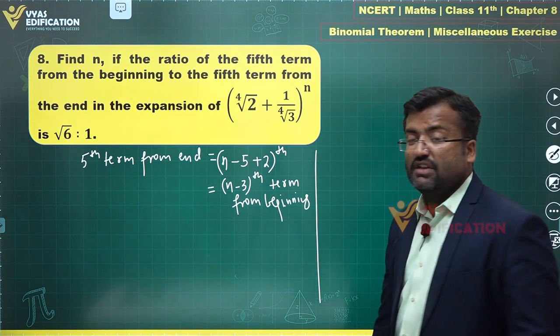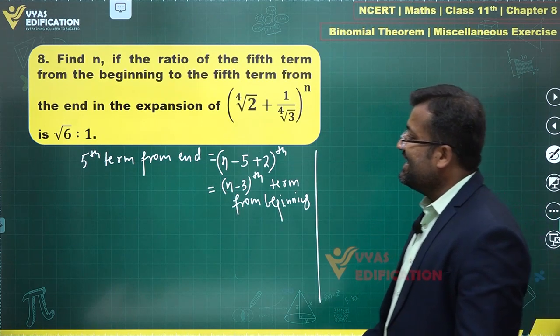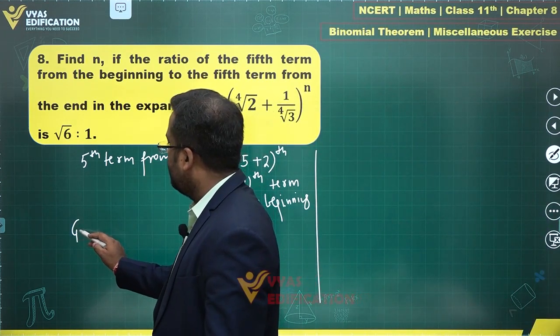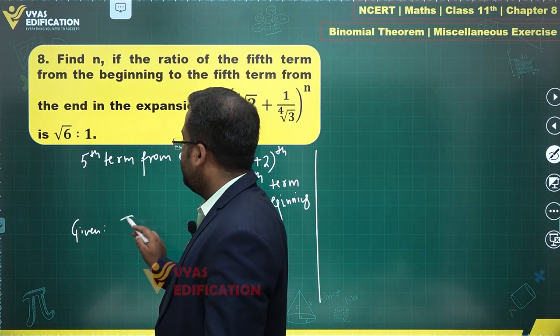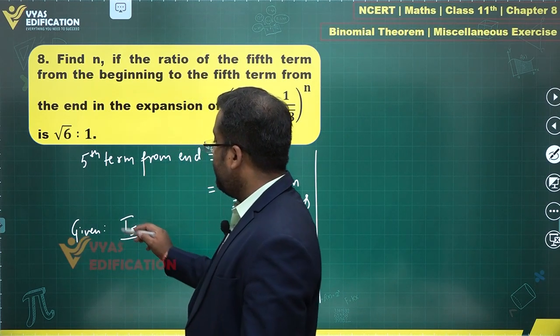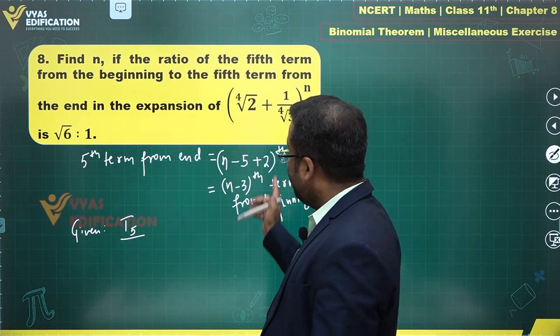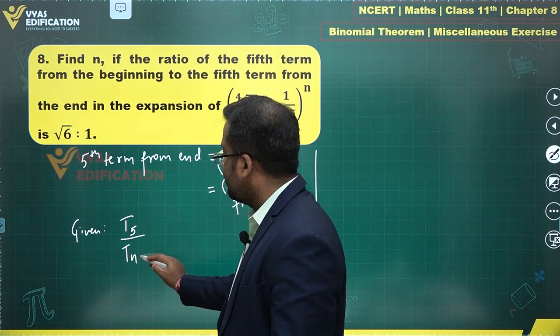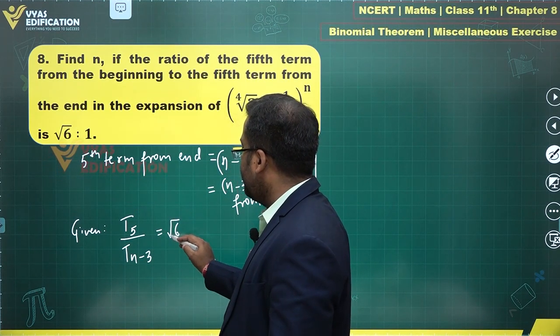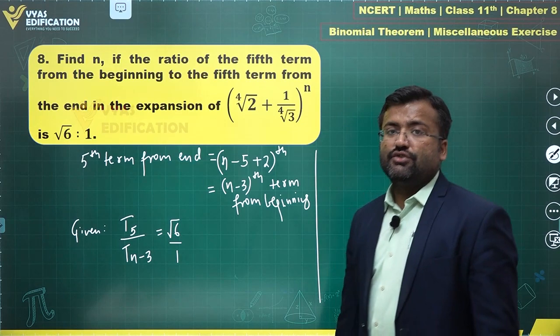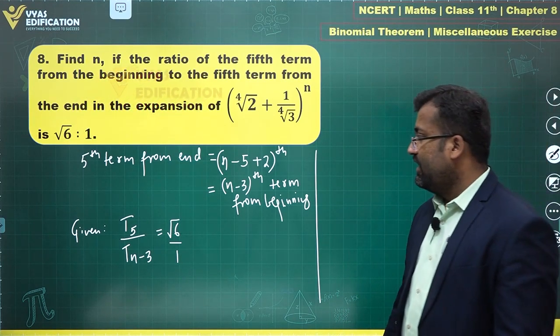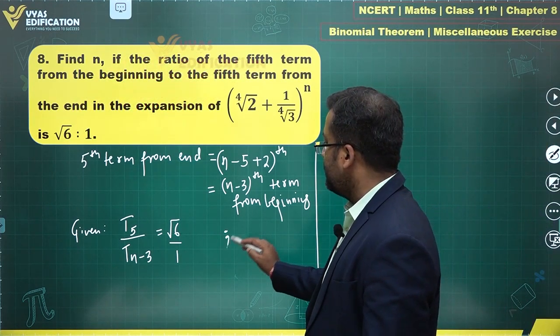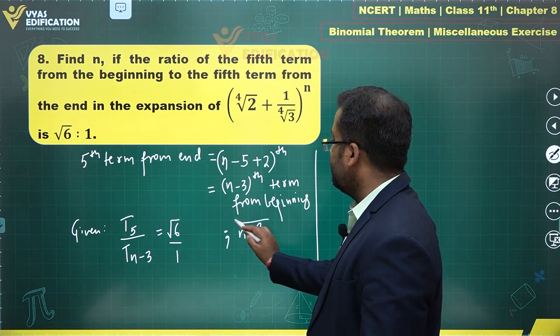That's the first thing that you observe, that this is equal to this. It is given that T5 from the beginning over the fifth term from the end will be actually this. This ratio is given to be root 6 over 1, right? And on the basis of this, you are supposed to find n. n is a question mark.